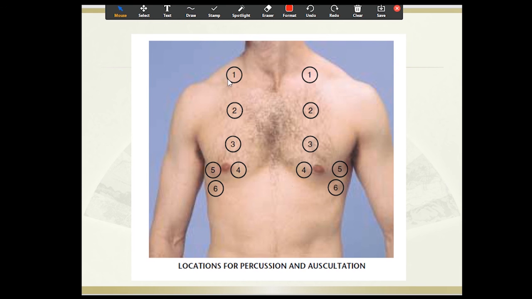So we still compare both sides. Like that's the first line. Then we go to the side of the chest. For the side part, we can use both percussion and auscultation. Same picture.